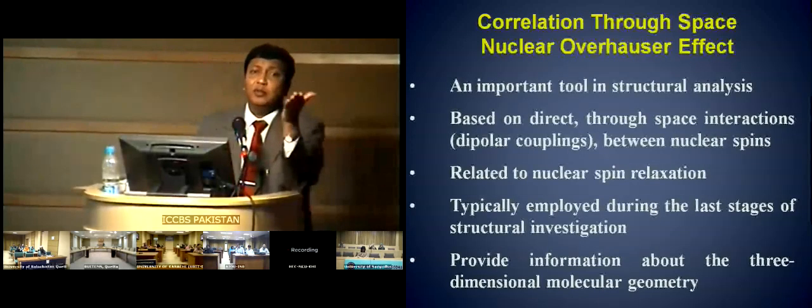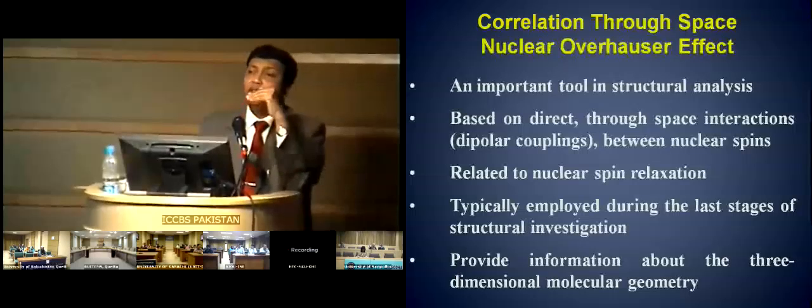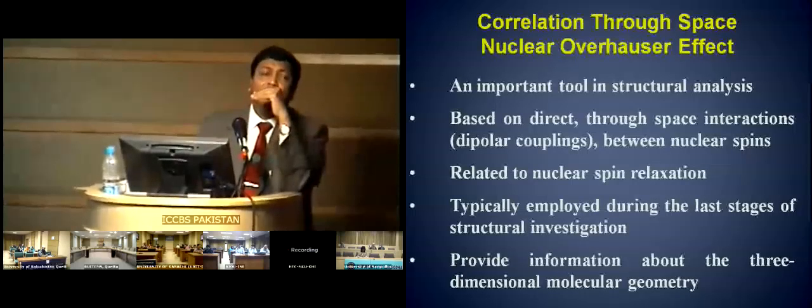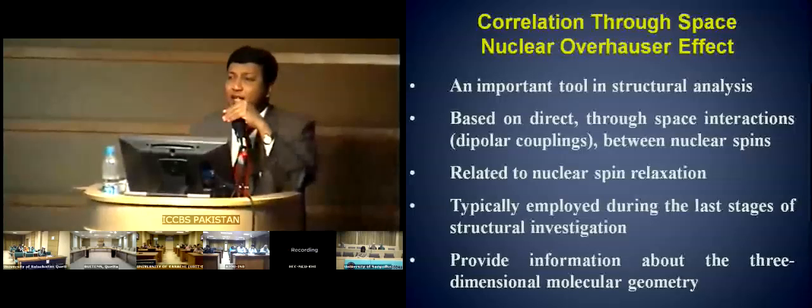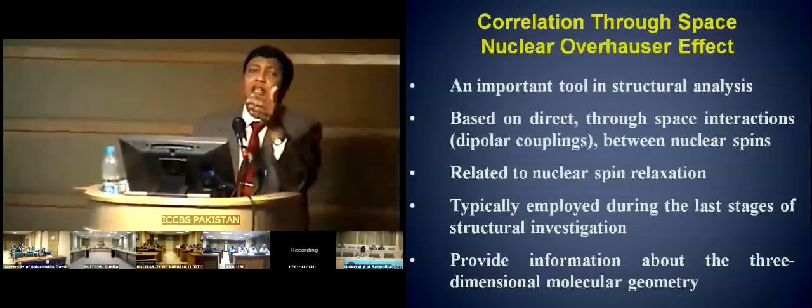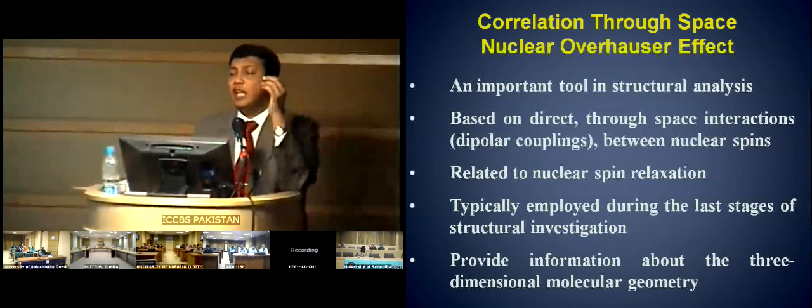This was NOE, which was later discovered to be an effect of proton on carbon. The magnet which is irradiated is proton, and the magnet which is detected is carbon. Something is actually happening in between.